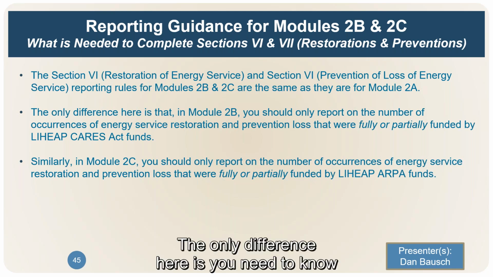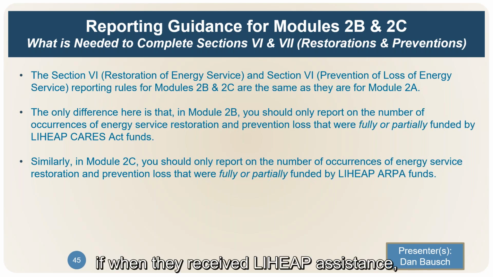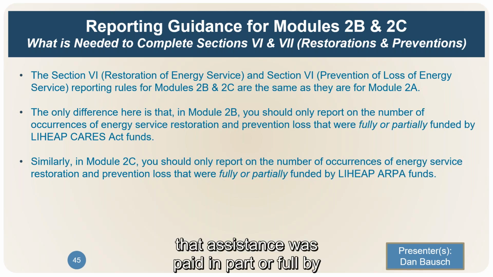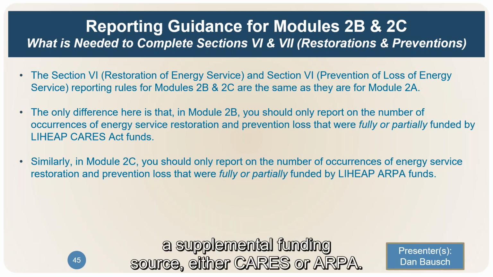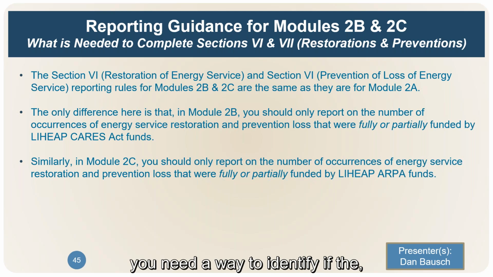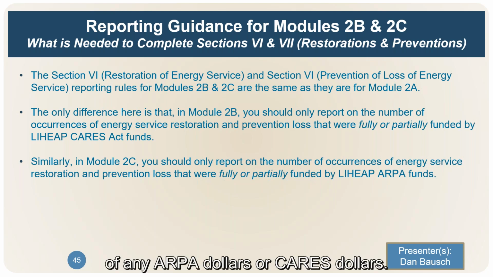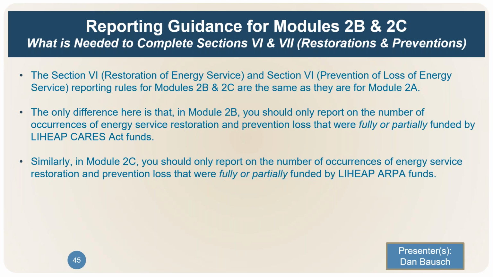The only difference here is you need to know if a household that was, for example, disconnected, when they received LIHEAP assistance, that assistance was paid in part or full by a supplemental funding source, either CARES or ARPA. So same process, but again, you need a way to identify if the funding used to provide their benefit consisted of any ARPA dollars or CARES dollars.